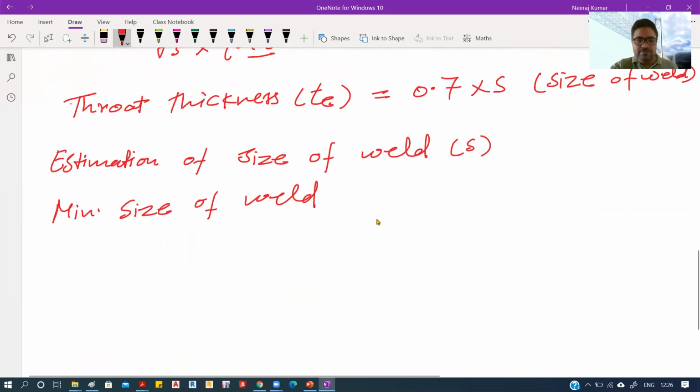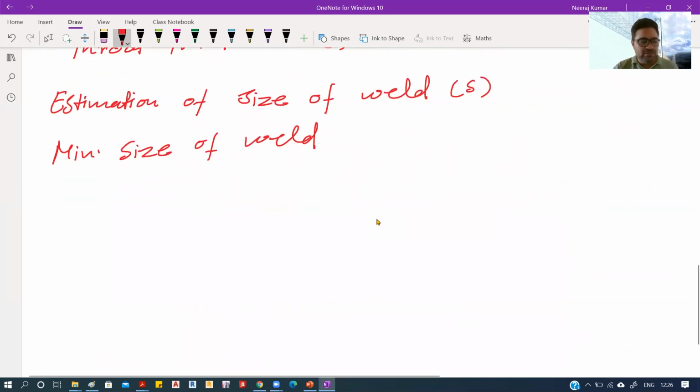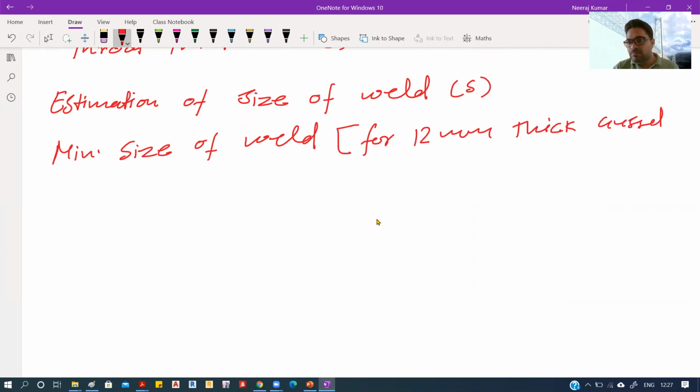So we will write here minimum size of weld, and in the bracket I will write for 12 mm thick gusset plate, it will be 5 mm.